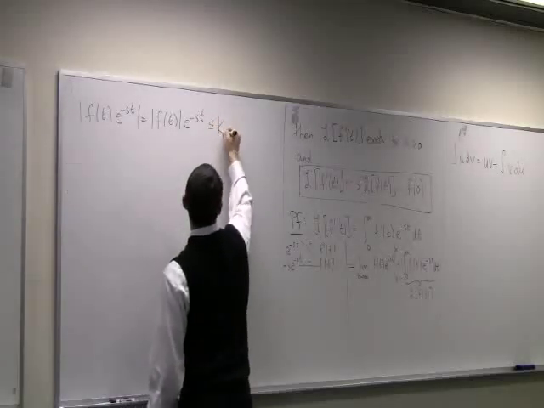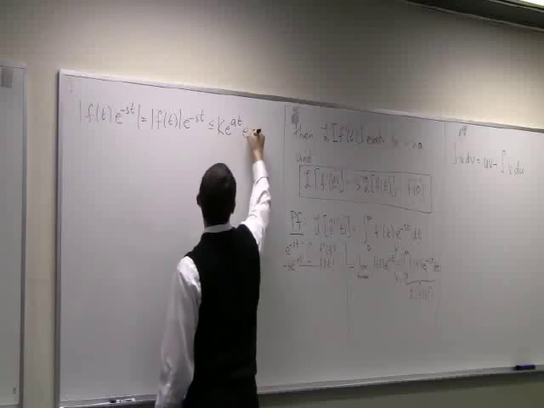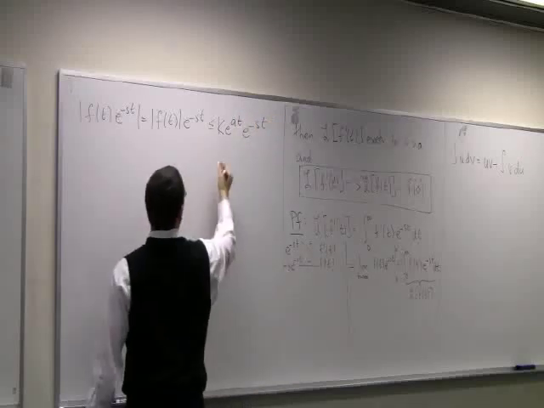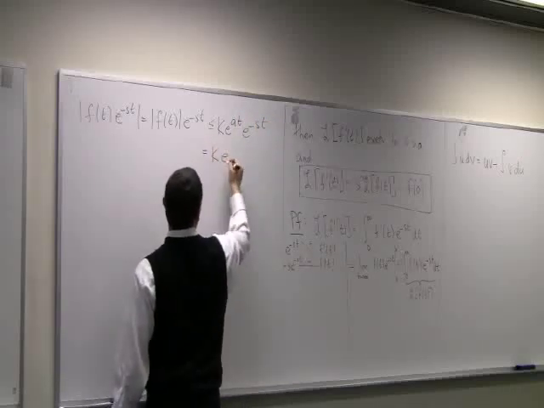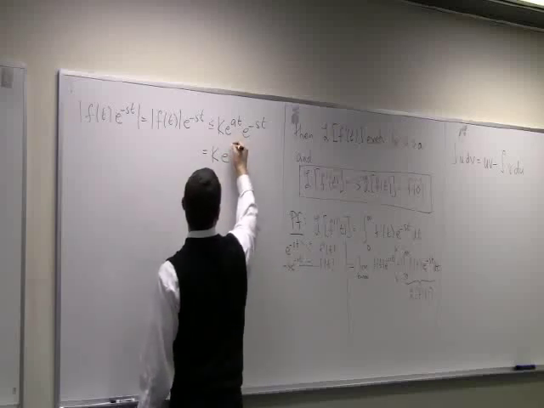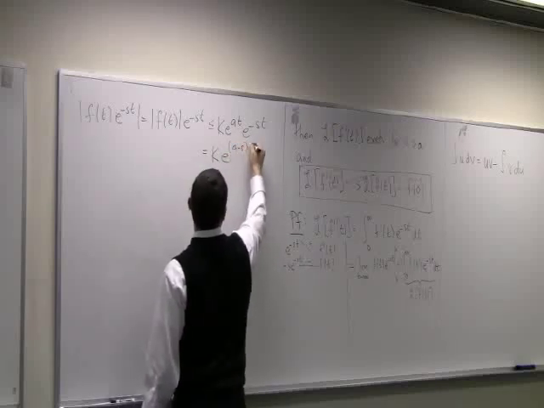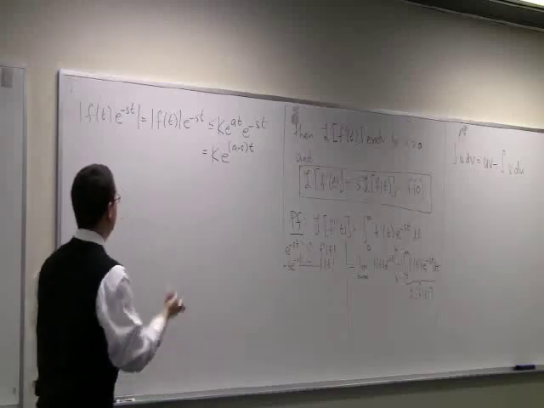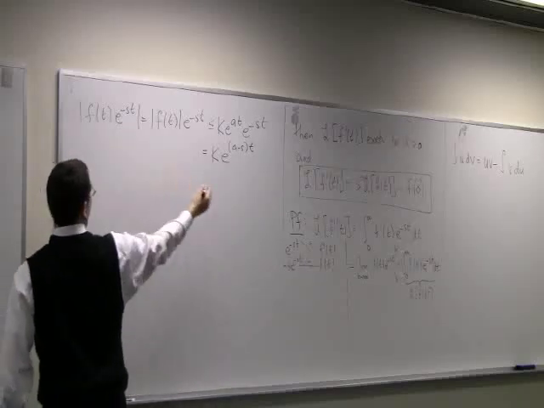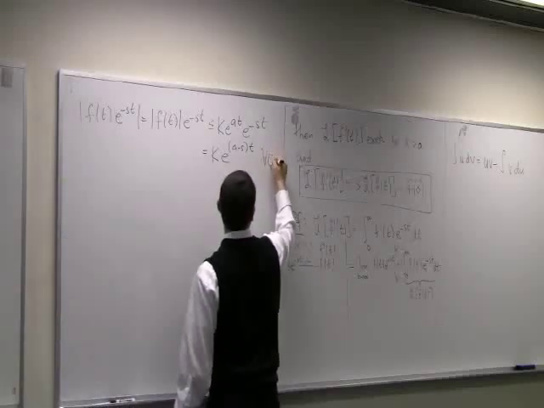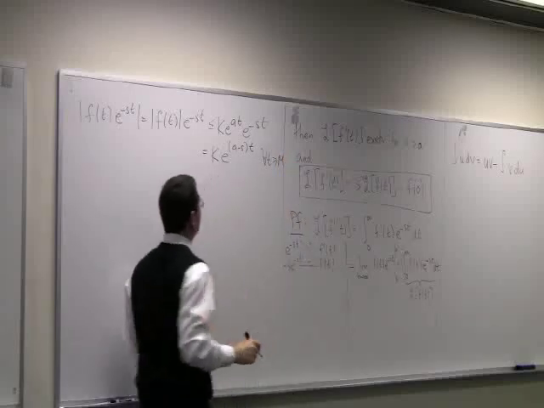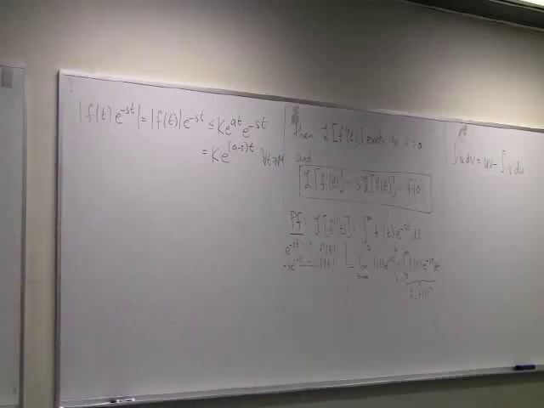So this is less than or equal to k e to the at times e to the minus st, which is k e to the (a minus s) times t. At least for all t greater than or equal to m, once you get past a certain point. And since we're going to let t go to infinity, that's okay.